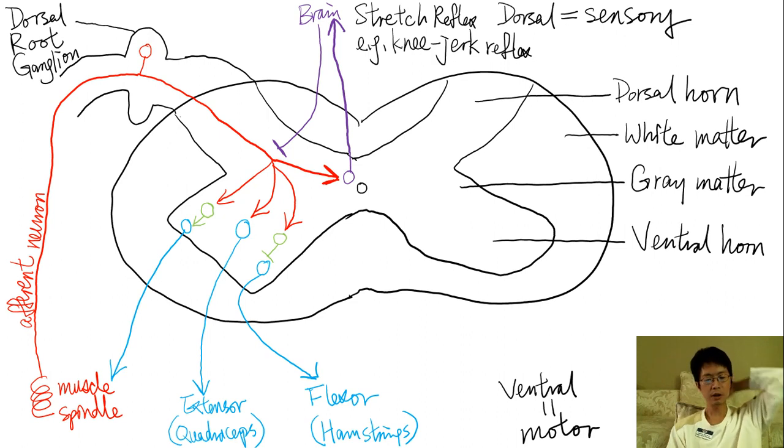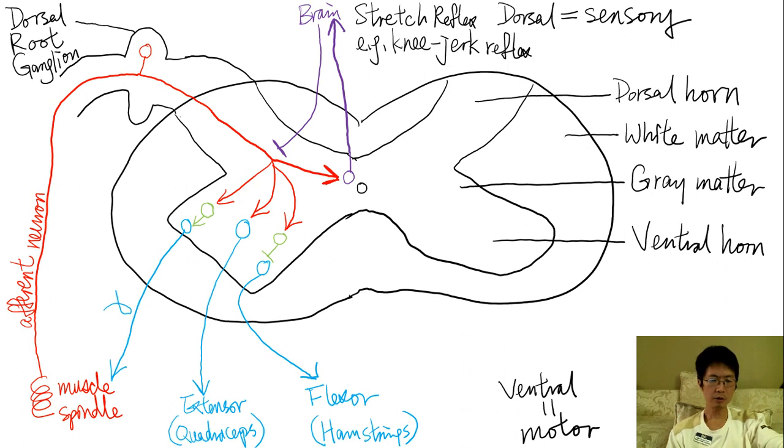Let me give you 5 seconds to review. You can feel free to flip back to your lecture notes. 5, 4, 3, 2, 1. Okay, time's up. The neuron that innervates your muscle spindle, we call it what? Gamma motor neuron. Gamma motor neuron.